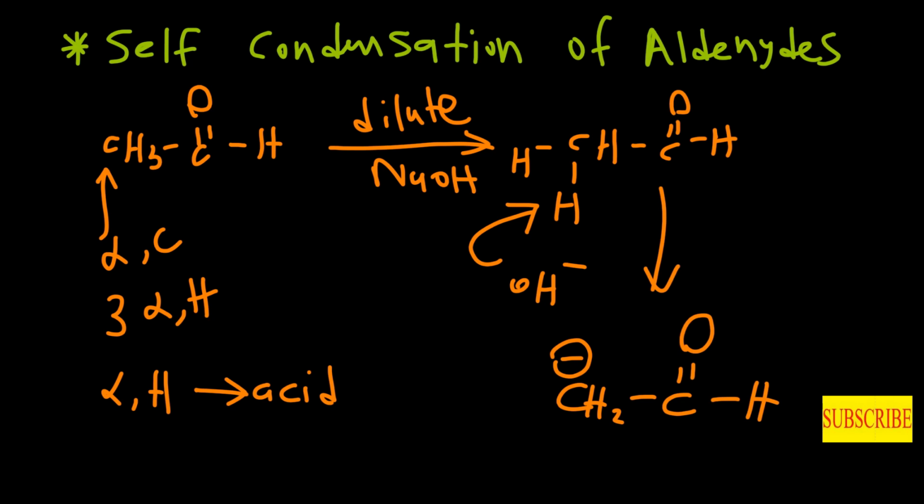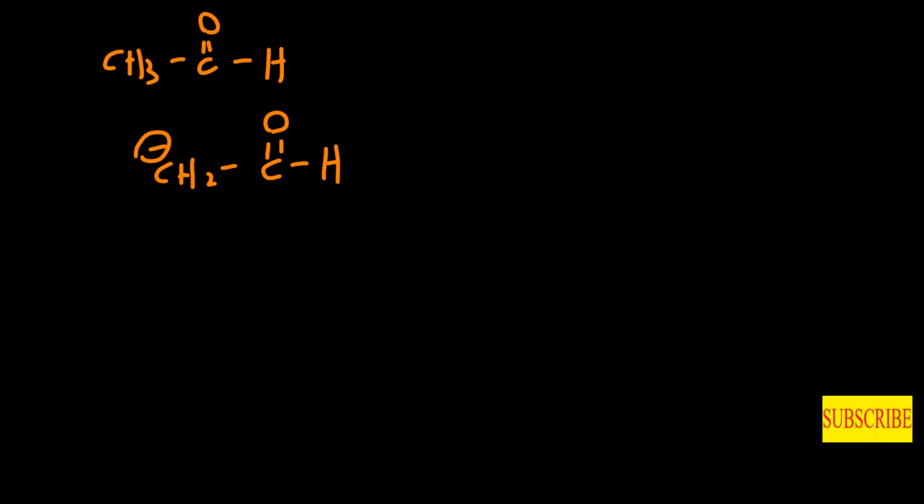In the second reaction of this mechanism, this nucleophile will react with this acetaldehyde once again. Now we need to consider the second part of this mechanism. In the second part, the carbonyl group of this aldehyde is polarized just like this.